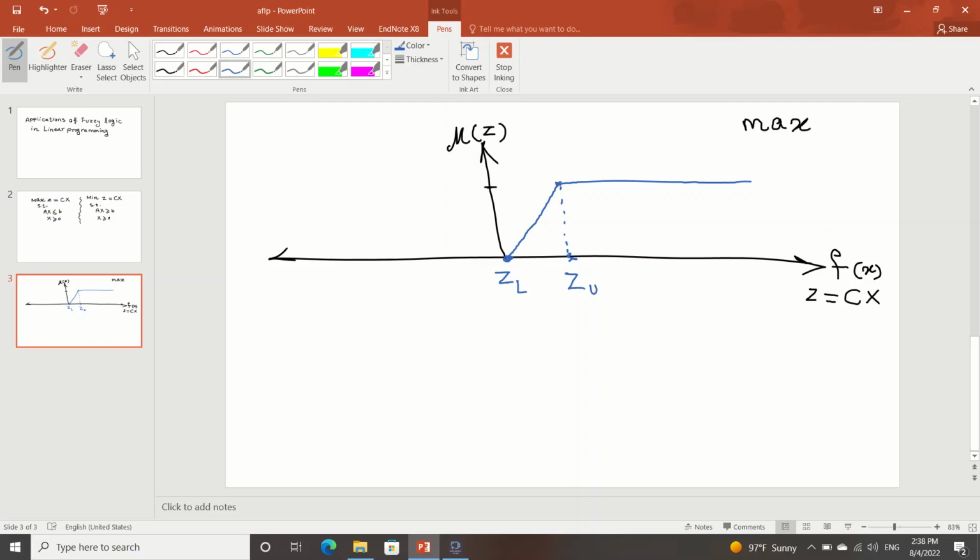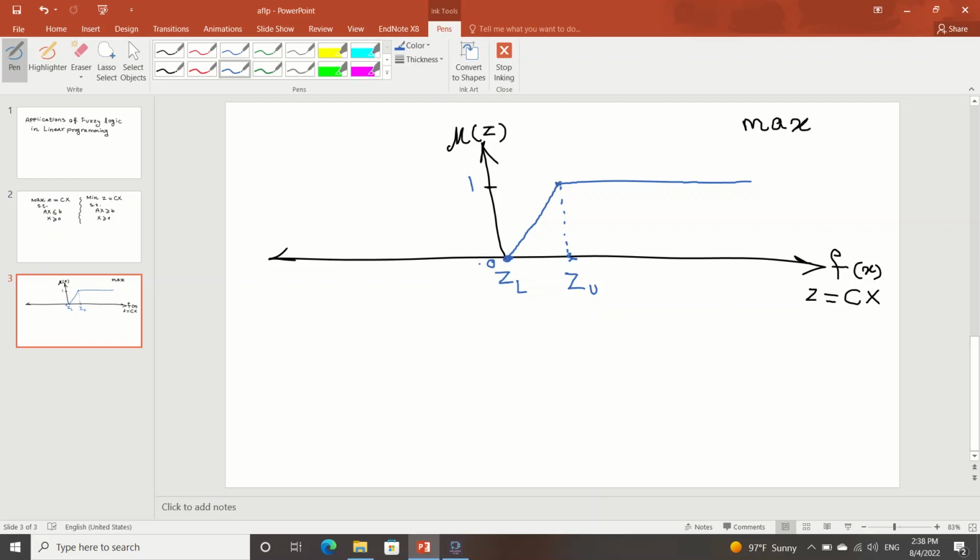The membership degree varies from 0 to 1, as you see on the vertical axis. And the amount of z from zl to zu, and after that zu, introduces the value of the objective function.